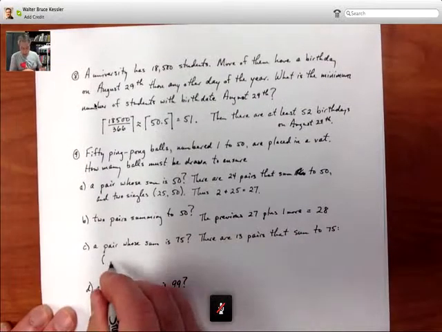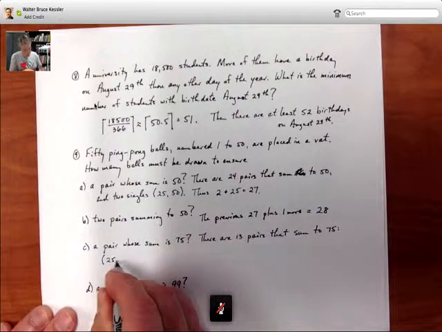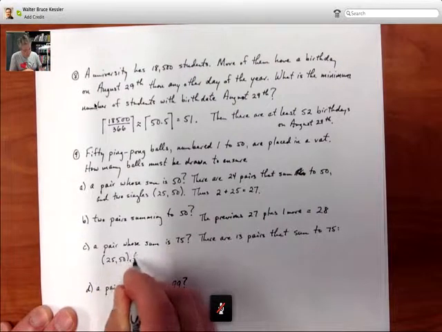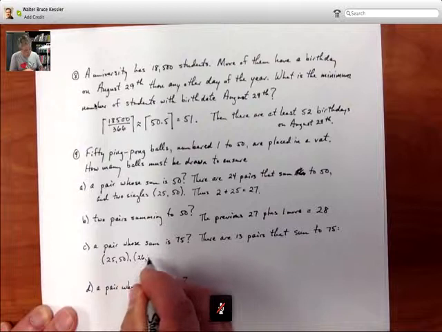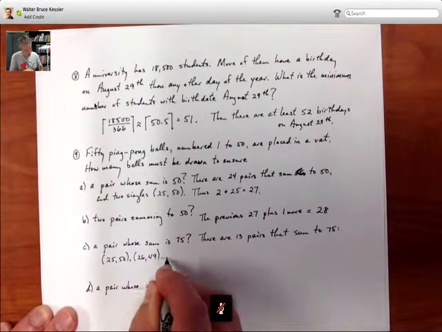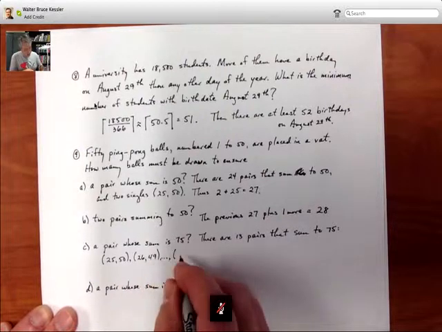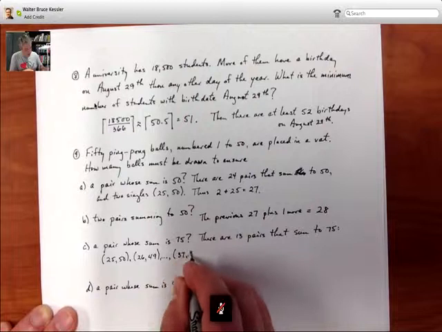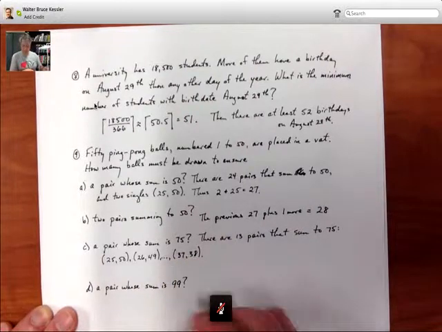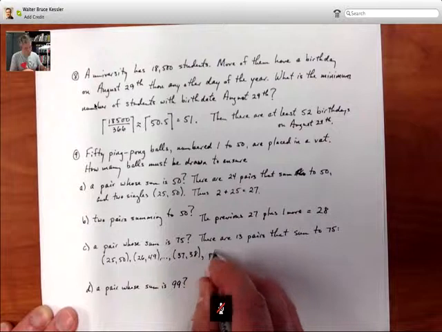You can start with 25 and add it to 50. 26 and 49, all the way down to 37 and 38. Okay?